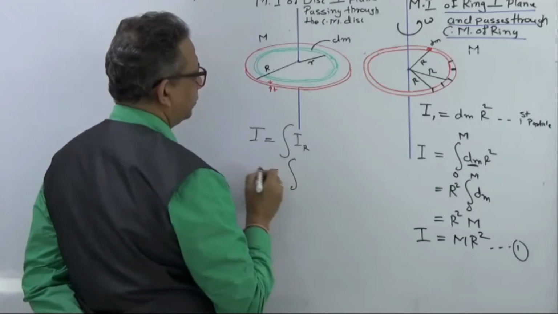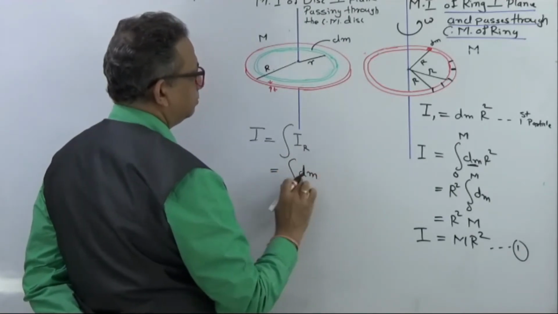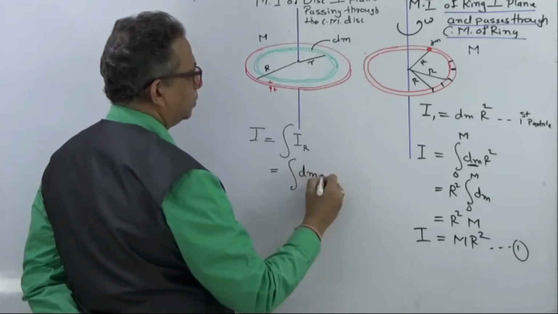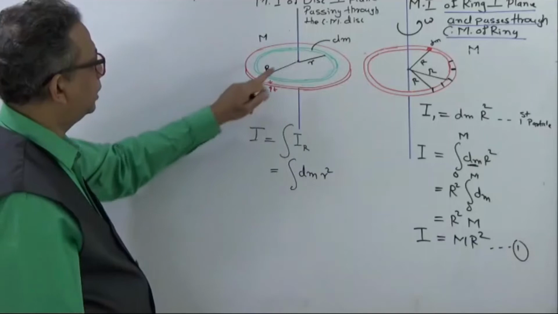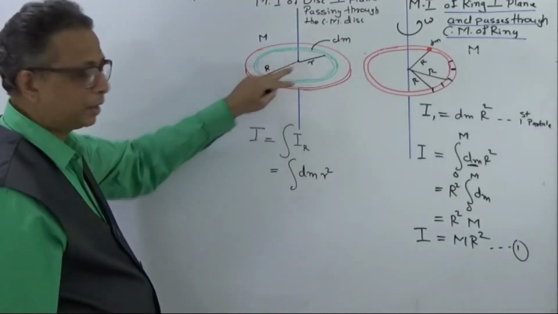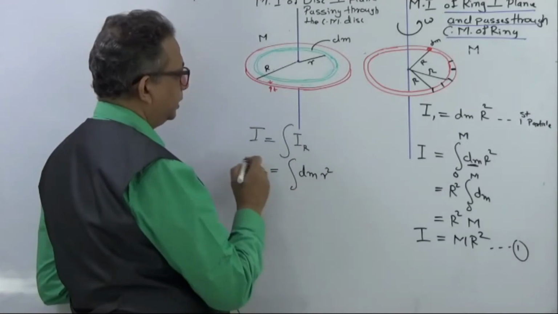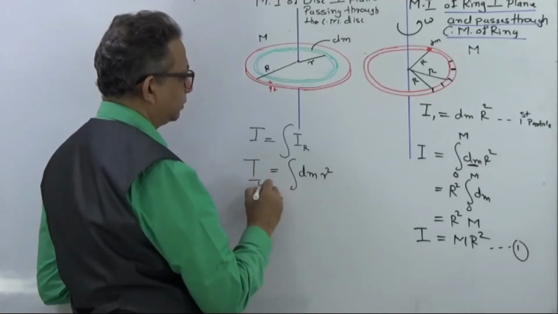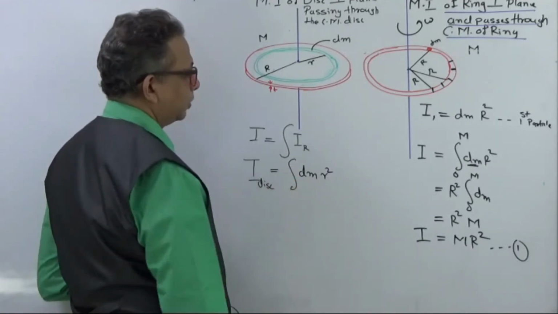So the small inertia of this ring is dm r². If I integrate this inertia, I will get the total inertia of the disk, that is the integration of dm r².